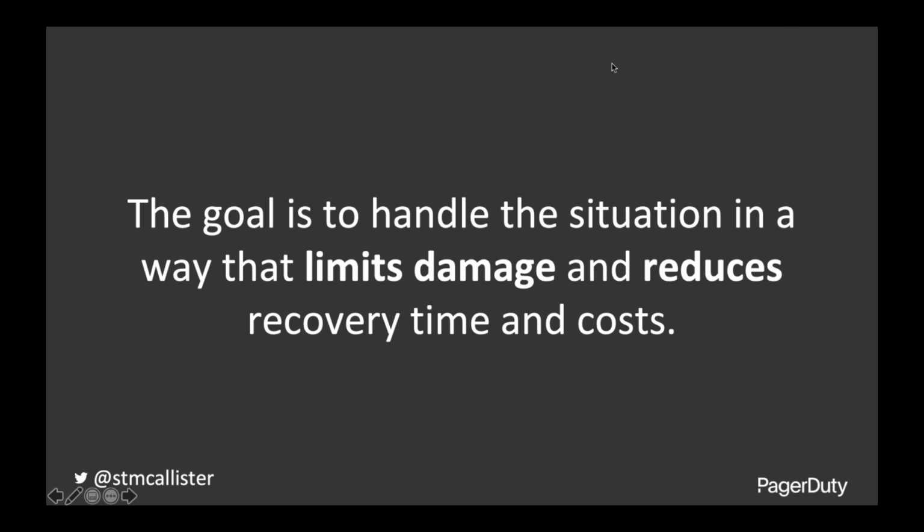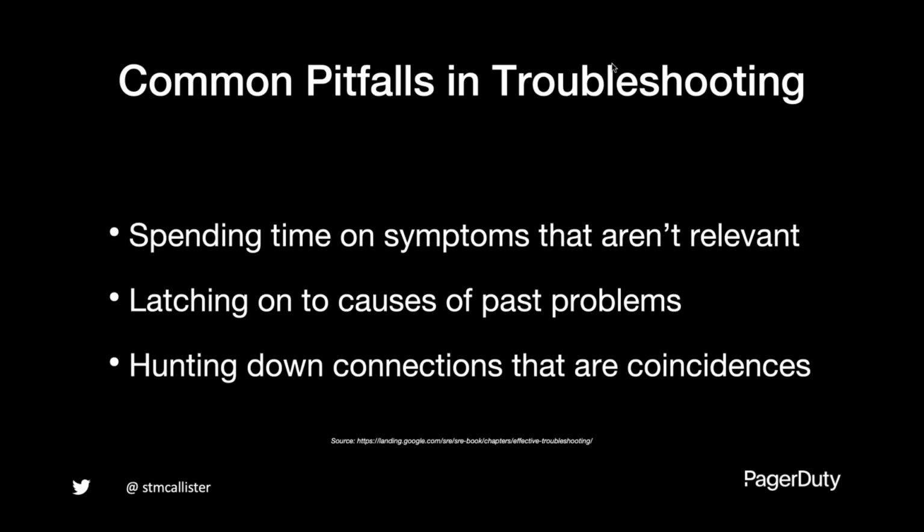Now, going through these things, we'll see in the next slide, the SRE handbook lists some pitfalls to troubleshooting. All of these pitfalls that are listed here track back to the idea that sometimes there are parts of our system we just don't know, or we just don't understand, or we don't understand the changes that we make and how they will affect our system, which will increase the amount of time that it takes for us to resolve an issue.